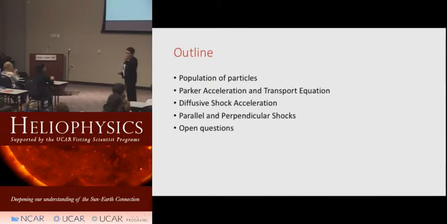Even though we're not going to go through the whole math, I'll give you a feeling for which term is what and what the unknowns are in this equation. Then go through some examples of diffusive shock acceleration, talk about the effect of parallel and perpendicular shocks, okay? And then, if I get to it, I'm not sure, some of the open questions, okay?